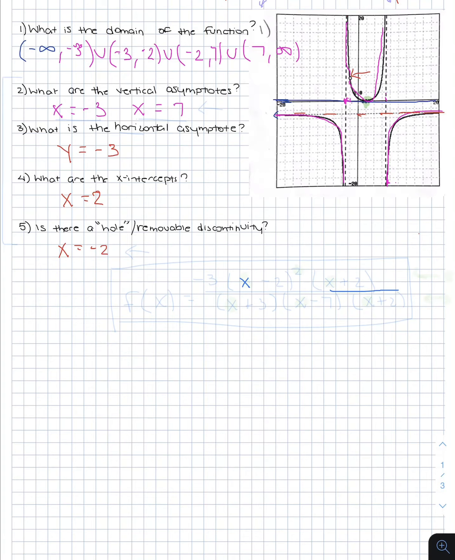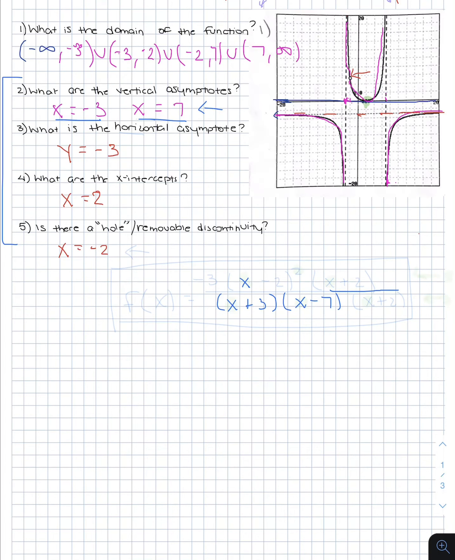So if we wanted to determine the actual function of the graph, we would have to take all these points here and turn them into factors. We know that we can determine the vertical asymptotes from the denominator. So these vertical asymptotes came from the denominator. Turning them into factors, x equals -3 as a factor is just x plus 3, and x equals 7 as a factor is just x minus 7.